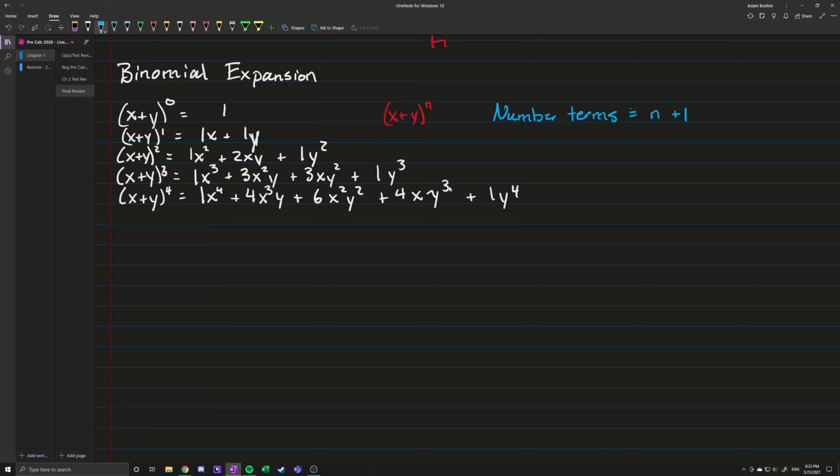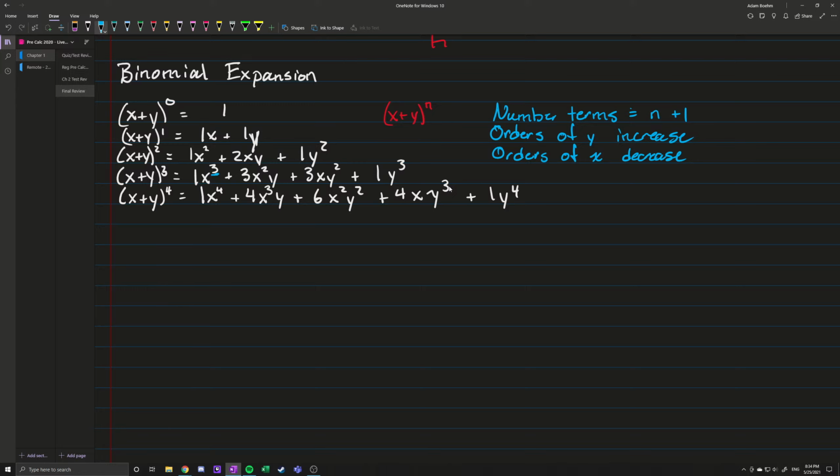Then we have orders of y that are increasing, and orders of x that are decreasing. So for the powers of x, let's take x plus y to the cube.